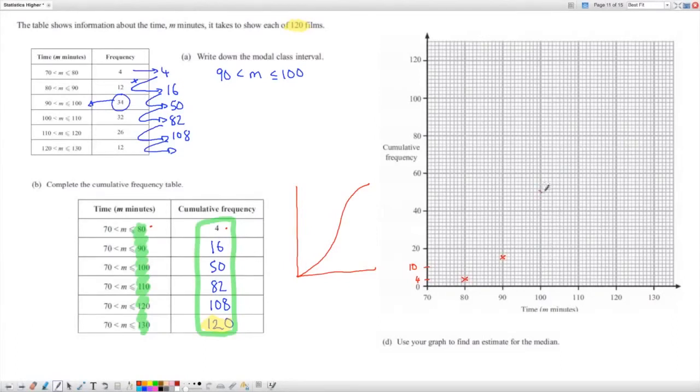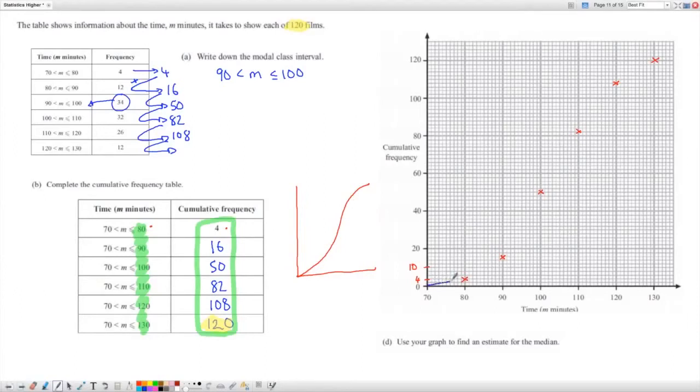100, 50. 110, 82. 120, 108. And lastly, 130 with 120. Then taking your pencil, remember we're going to draw a smooth S-shaped curve.